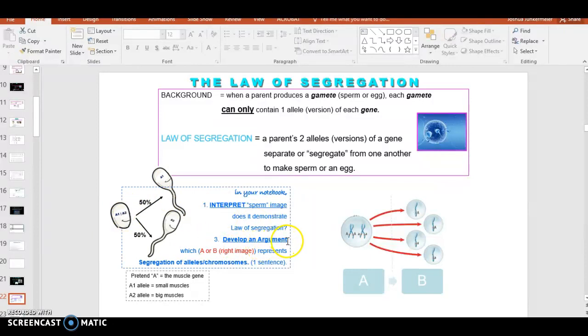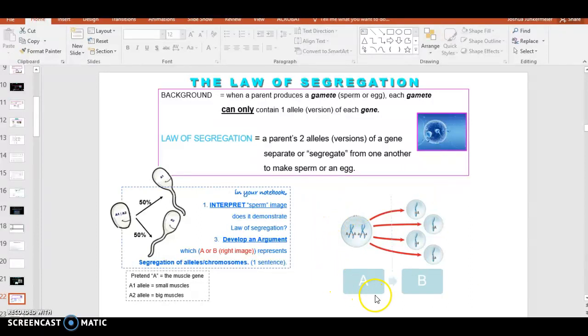Next question says, develop an argument. It says, which, A or B on the right here, so we're looking at this new picture, represents segregation of alleles and chromosomes. So, are the alleles and chromosomes being separated or segregated in the A section or the B section here?